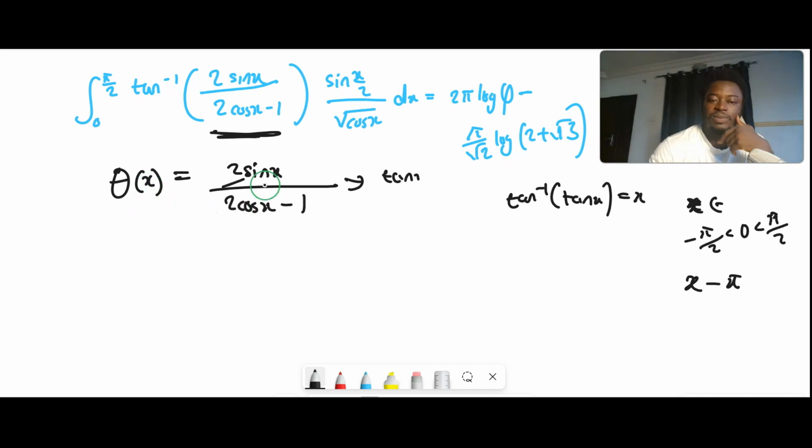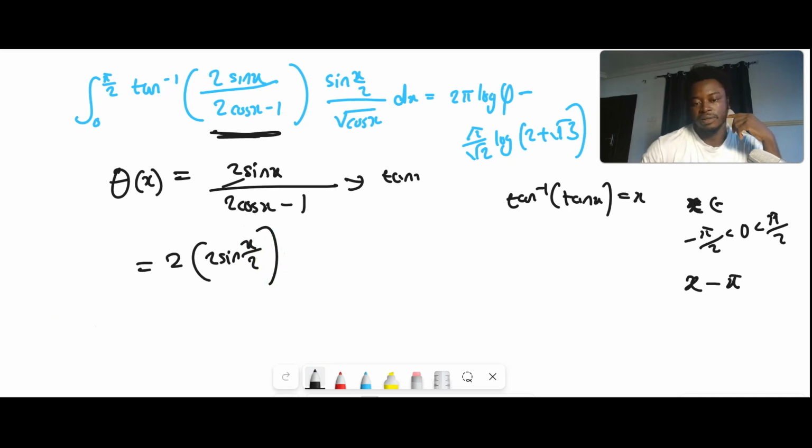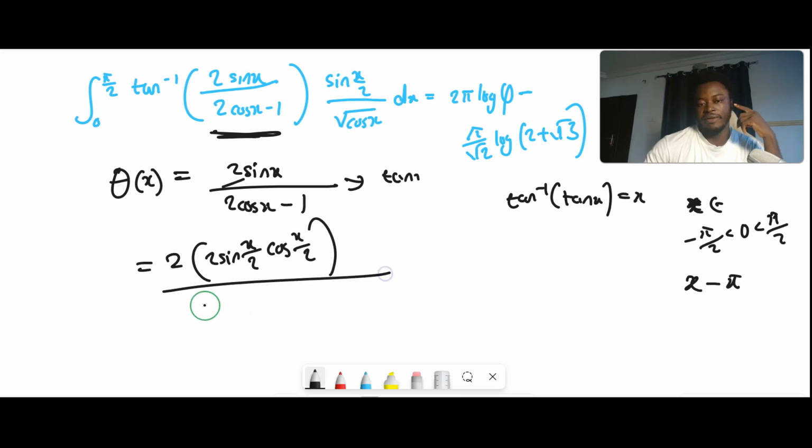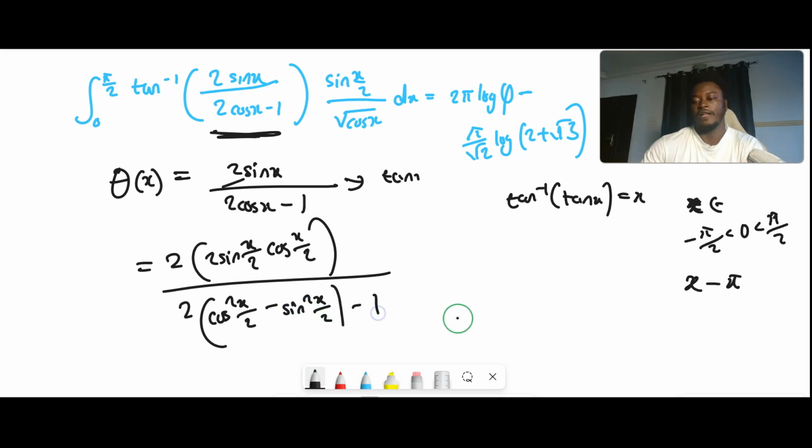Okay, so let's begin by trying to put everything in terms of tan, whereby we're going to use the double angle formula, and we're going to get 2 multiplied by 2 sine of x over 2 times cosine of x over 2. Then at the bottom you have a 2 times cosine squared of x over 2 minus sine squared of x over 2, then minus 1.